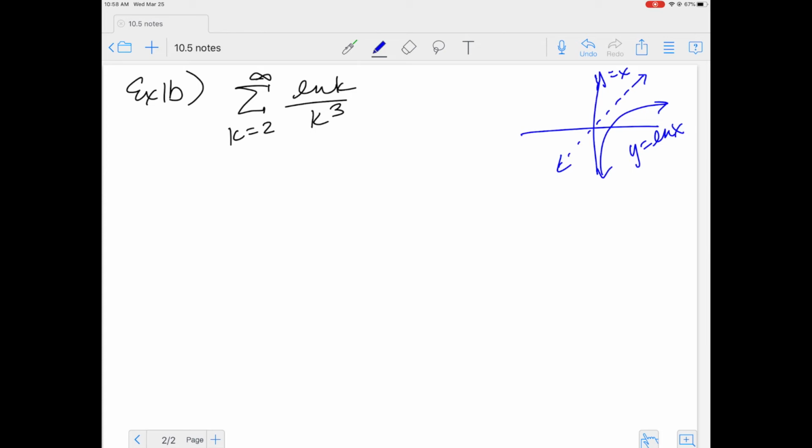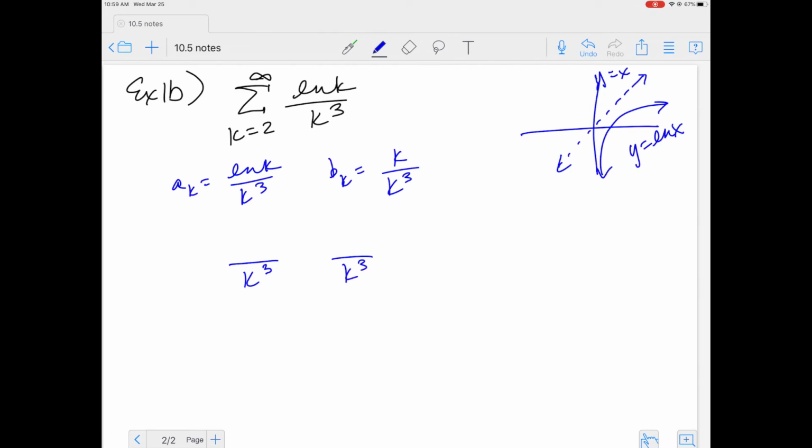So you can set this up as your a sub k is equal to the natural log of k over k cubed. Your b sub k is equal to k over k cubed. Do you see that?